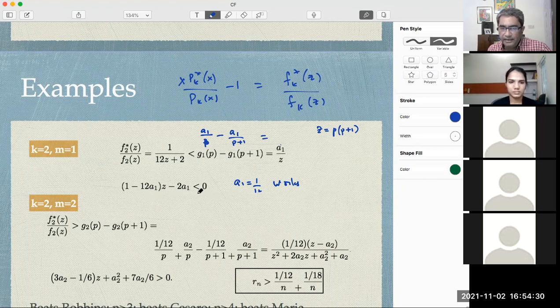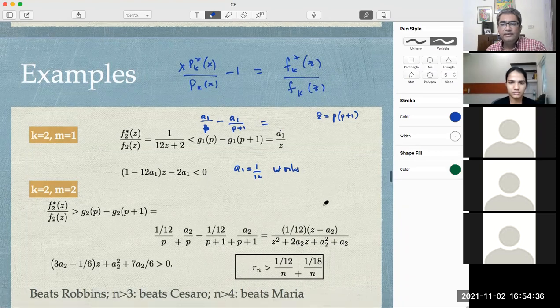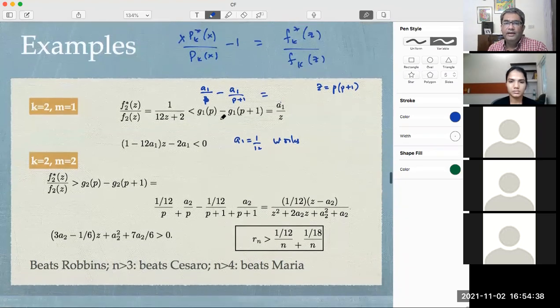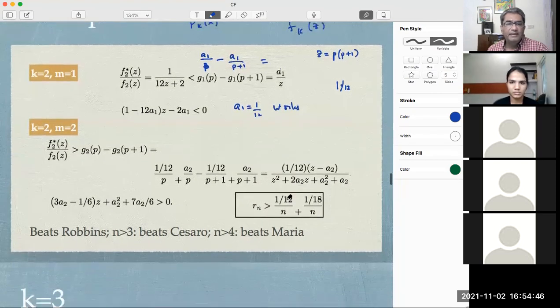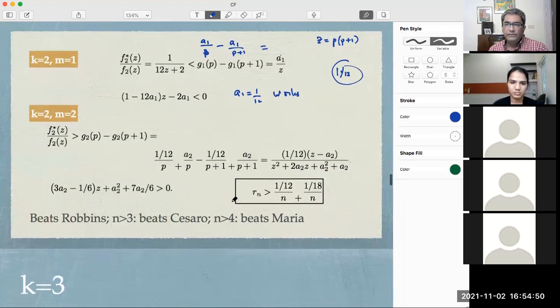The rest remains negative, so this is wonderful. I get one item. So I've already shown f2z is less than 1 by 12. Remember, there was a 1 by 12 in Robbins' story. This 1 by 12 is the same guy. So this was encouraging.